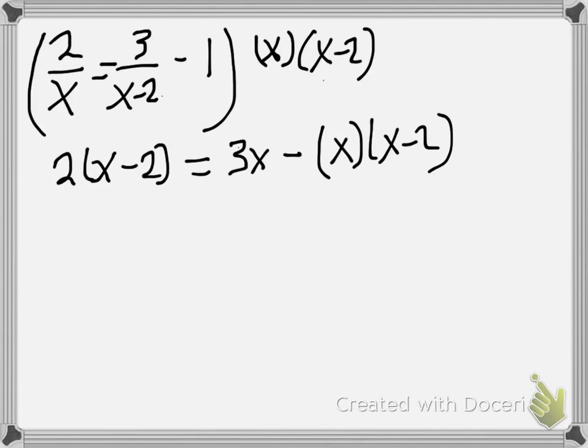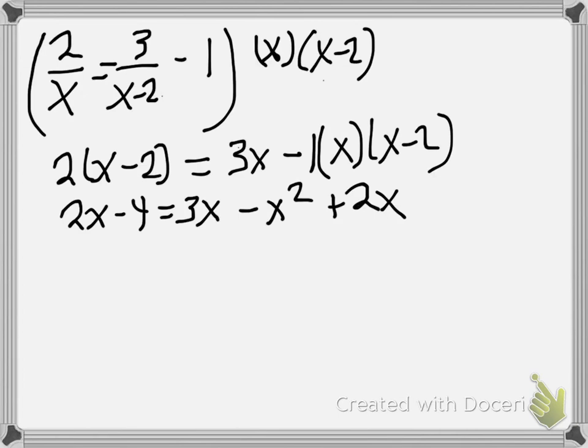So let's go ahead and do everything out. We have 2x minus 4 equals 3x. Now, we've got negative 1x times x, which is negative x squared. Negative 1x times negative 2, which is plus 2x.